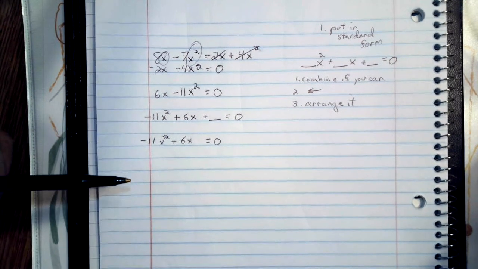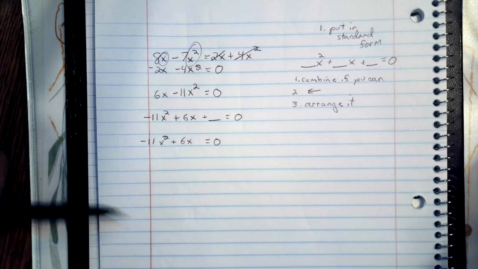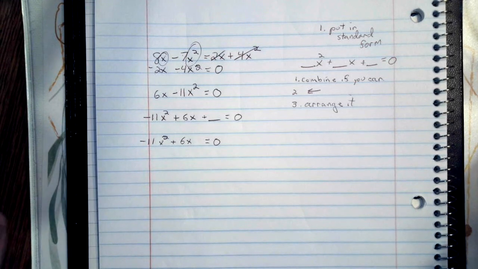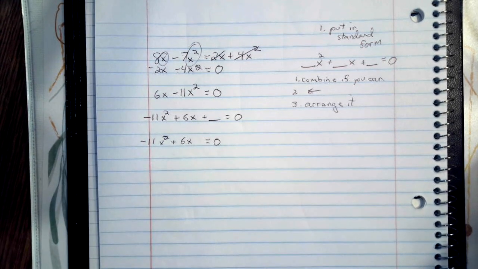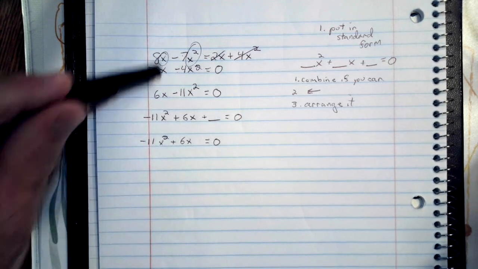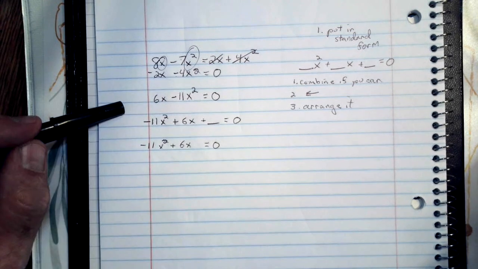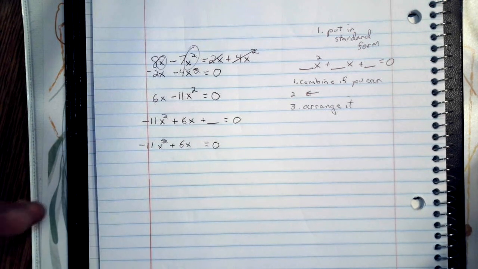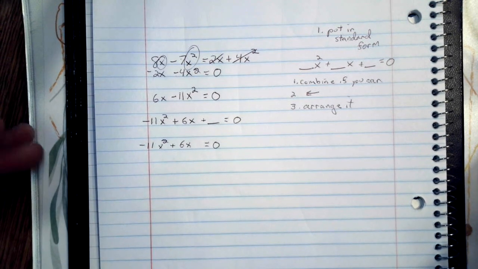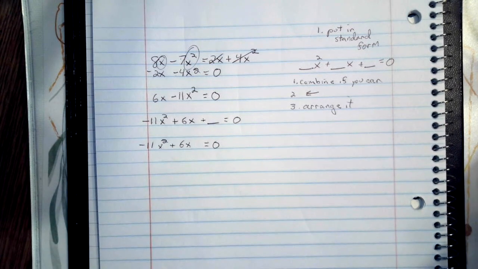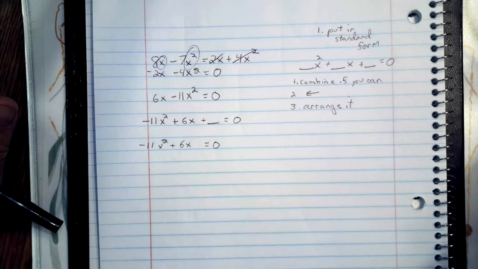So your homework today is going to be just doing that. You're not going to solve this at all. All you're going to do is you have a bunch of problems and I want you to put them in standard form. Okay, we will learn about how to solve them on another day. But at first, you're just putting them in standard form. That's going to be your homework, and you're going to do it a bunch of times.